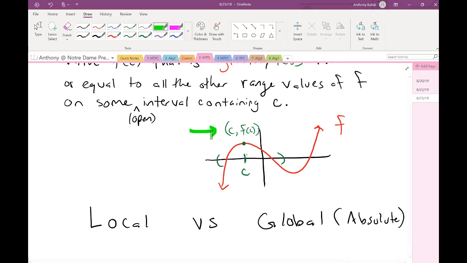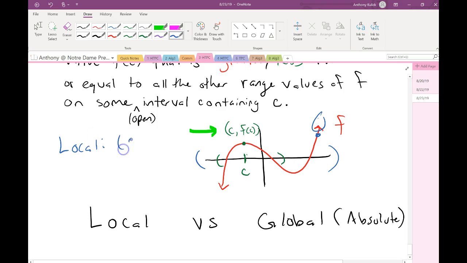However, that maximum is not a global maximum. If I consider say, the interval from here to here, f of c is no longer the highest y value. We have stuff over on that edge that is higher. Can everybody see that?